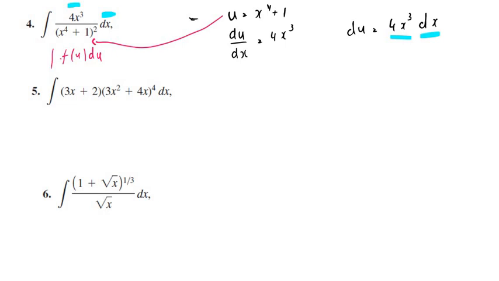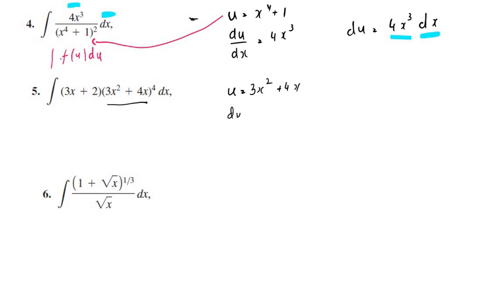So the next question, we did something similar to this, and here we see that if you take this function and differentiate that, you get a form of this function. So let's look at u equals 3x squared plus 4x.